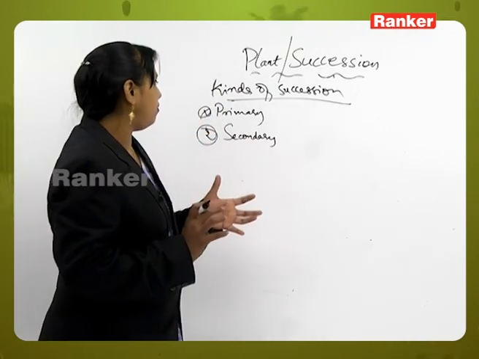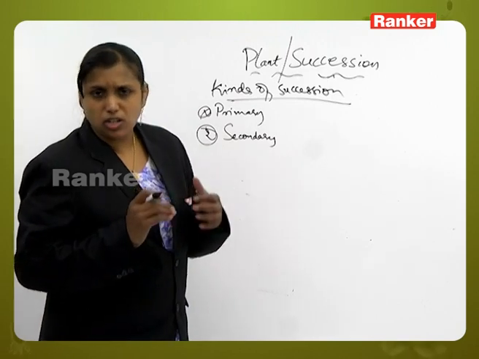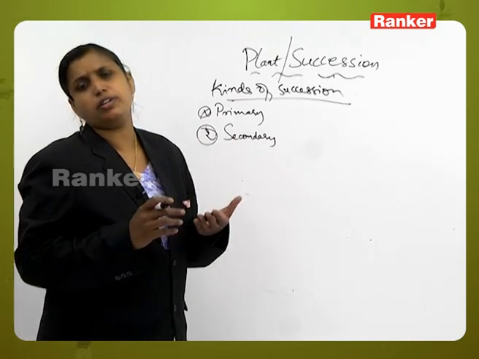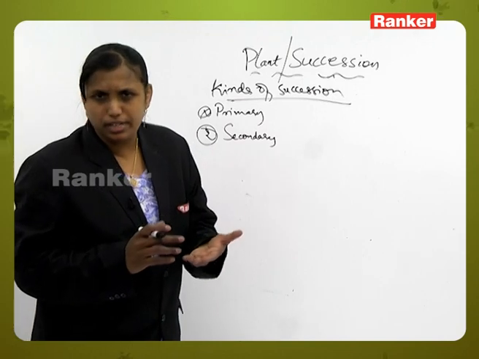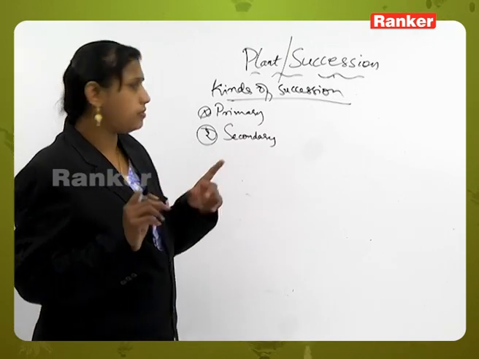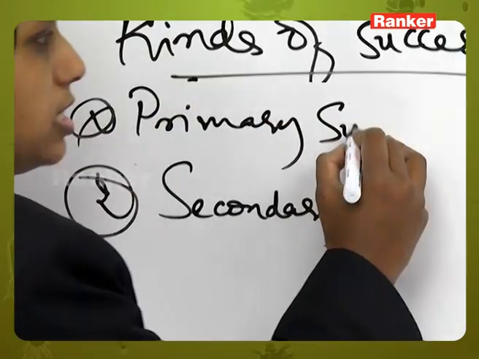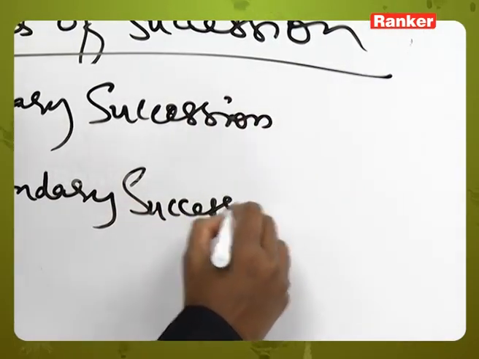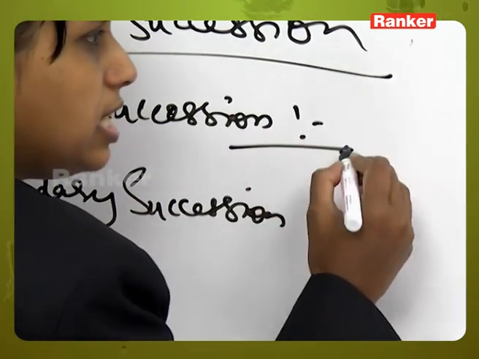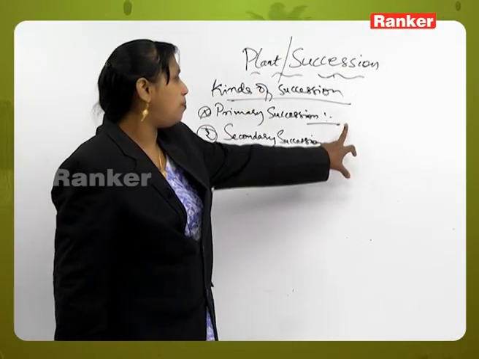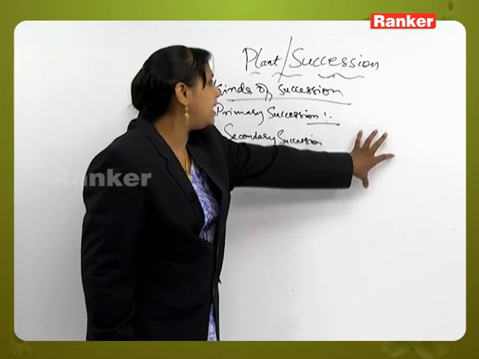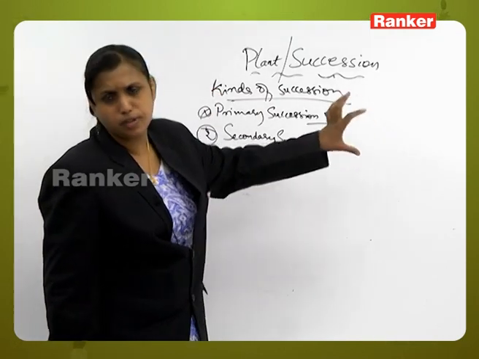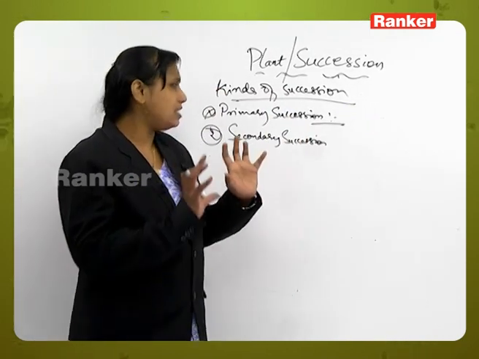Now in different ways, if the succession is occurring on a plain area or in an existing community, on that basis there are two types of succession, primary succession and secondary succession. In primary succession, the succession begins on a bare area, an area previously unoccupied.